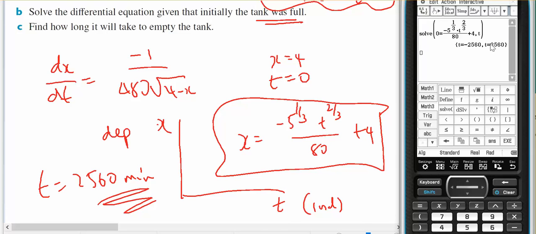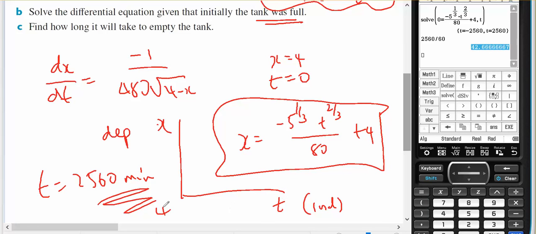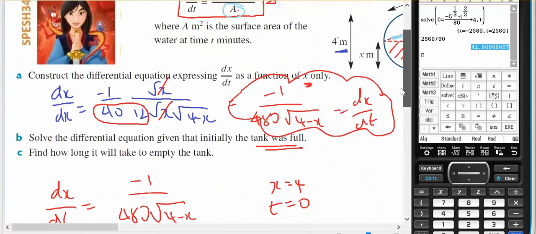If I was to consider that in hours, that divided by 60, so 42 hours and 0.666, which is 2/3, so that's 40 minutes. So 42 hours and 40 minutes is how long it takes to be empty.